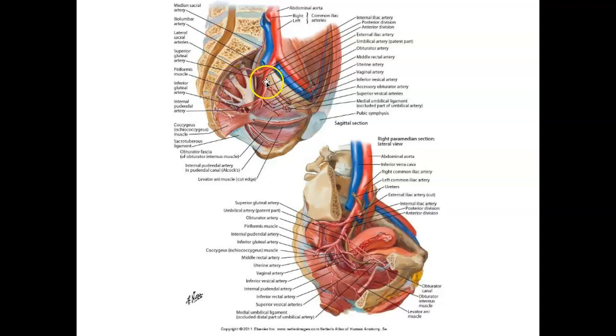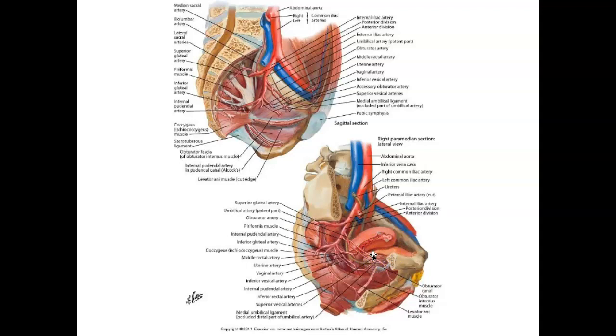Off the anterior division, maybe easier to see on this one, the anterior division of the internal iliac, what you're going to see first, almost always, is the umbilical artery. That comes off, and it goes to the anterior abdominal wall. It will also send a branch called the superior vesical, which is going to supply nutrition to the top of the bladder, just like in the male.